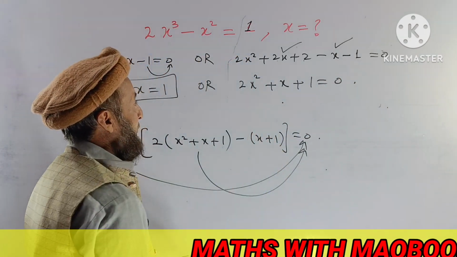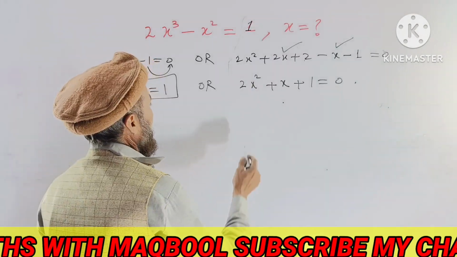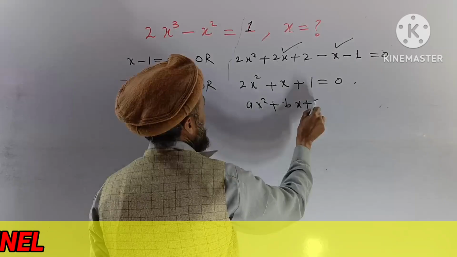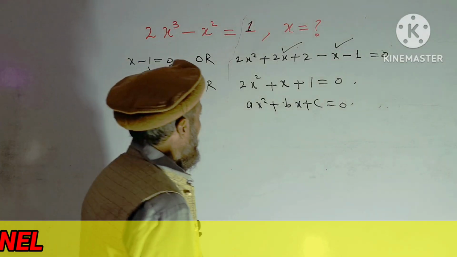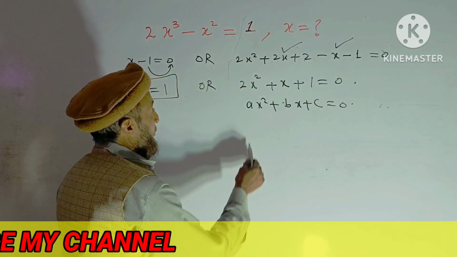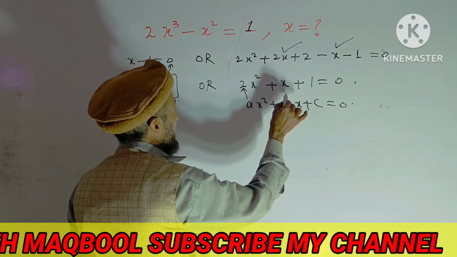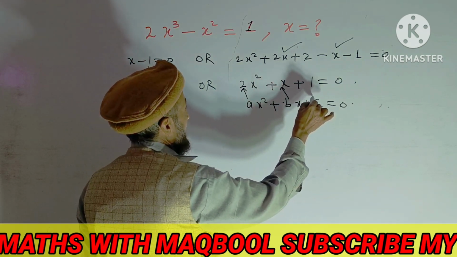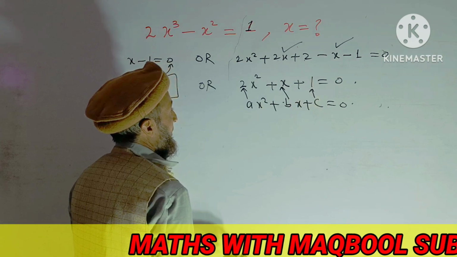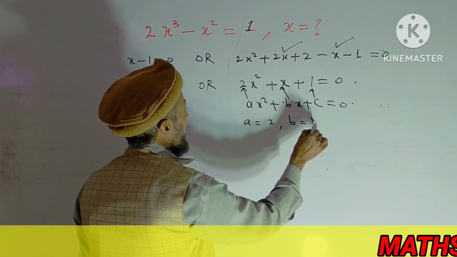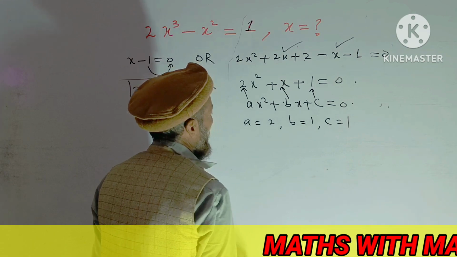Now according to the formula in the previous quadratic equation, ax square plus bx plus c is equal to 0, here we are using the quadratic formula. I have done this in the previous method, the first method. So here a is equal to 2 and b is equal to 1 and c is equal to 1.